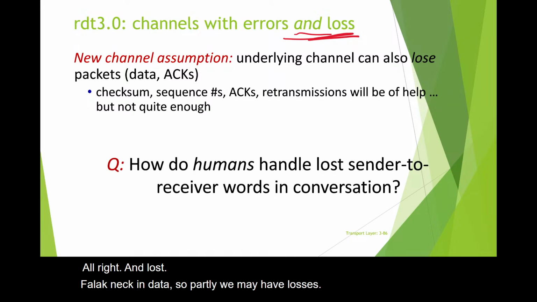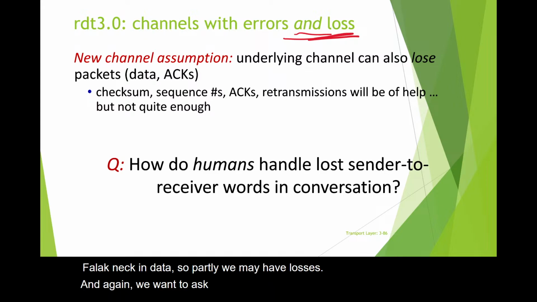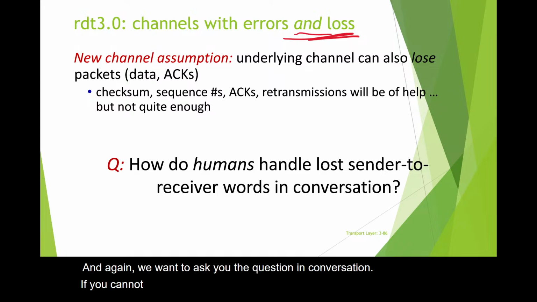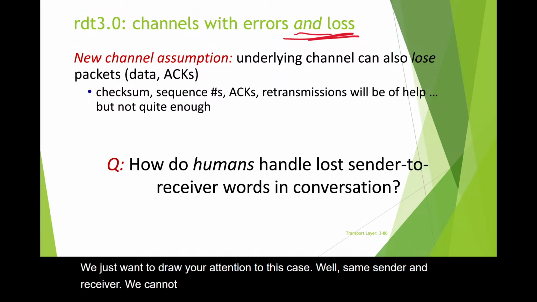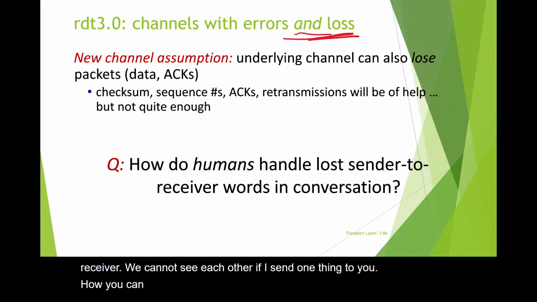And again, we want to ask you the question. If you cannot receive it, maybe you will have something to do. We just want to draw your attention to this case. Same, sender and receiver, we cannot see each other. If I send one thing to you, how can you tell I did not receive it?